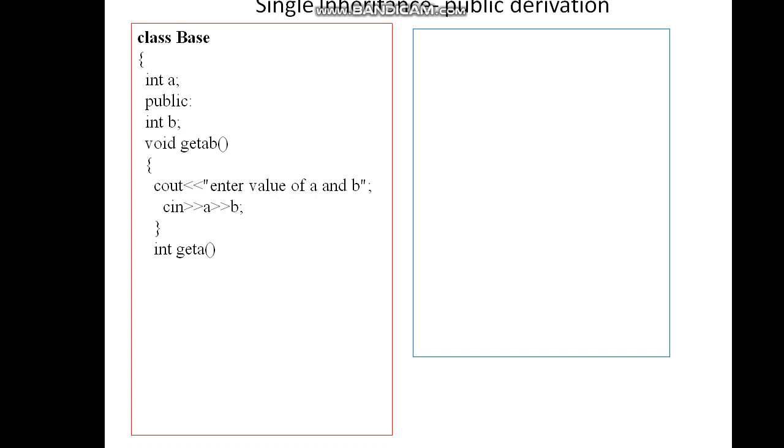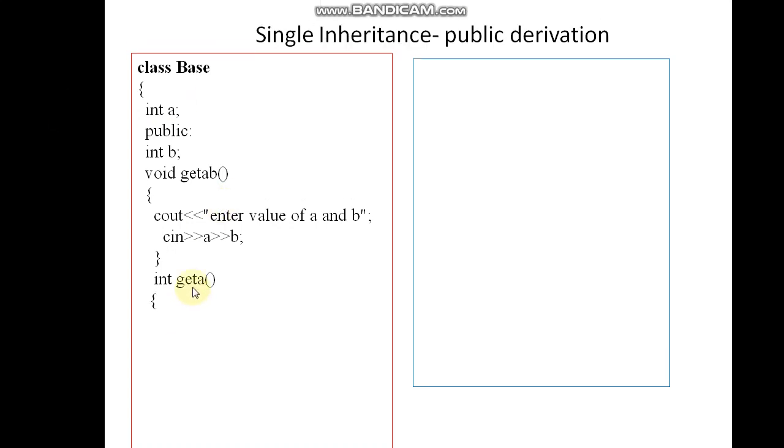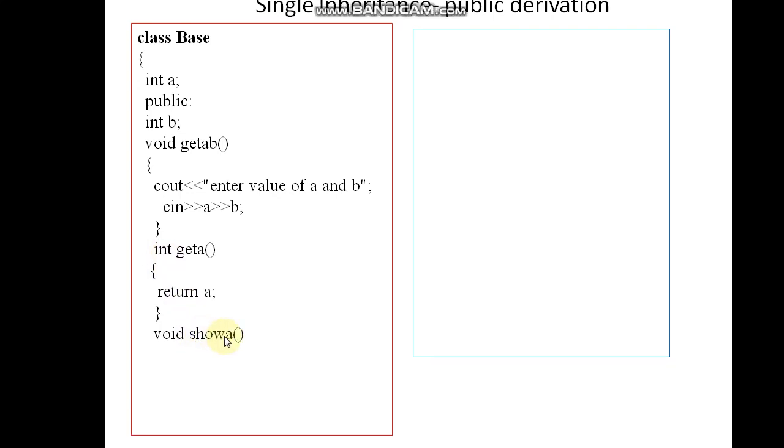Next function is getA. This is a function which returns the value of A. So return type of the function is int. showA is a function which displays the value of A.